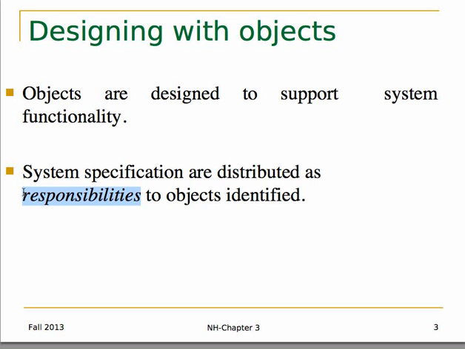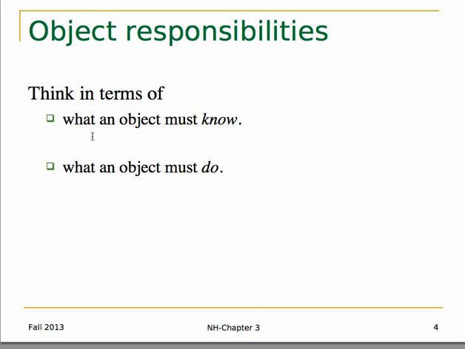It is used all over in programming, quite a bit by some approaches used by IBM, but other companies too. When you think of the responsibilities an object has, we think in terms of A, what an object must know, called knowing responsibilities, and B, what an object must do, called doing responsibilities. So that's it: knowing responsibilities, doing responsibilities.